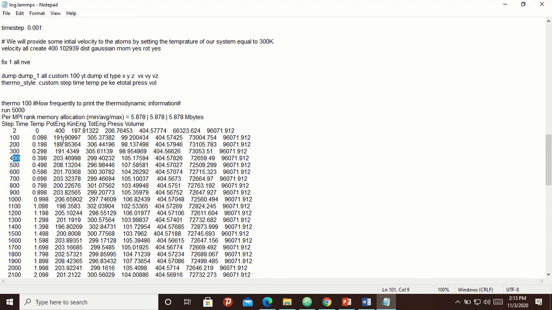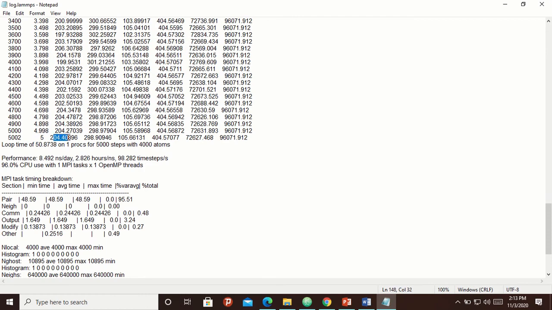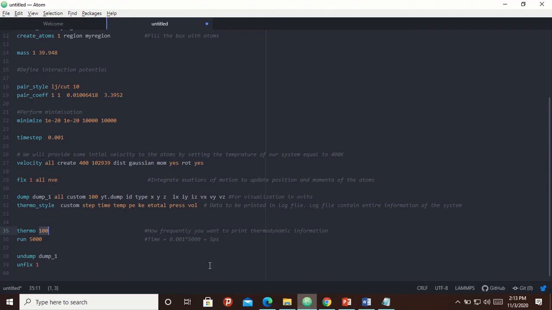That was the initial temperature, and now the temperature has been reduced to around 204 Kelvin. This has been done by using this command, fix 1 all nve.